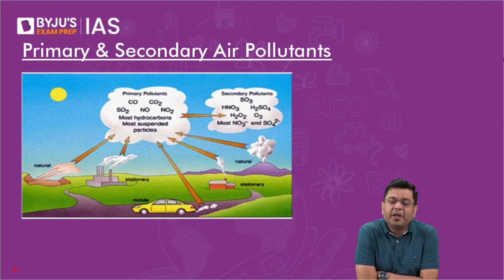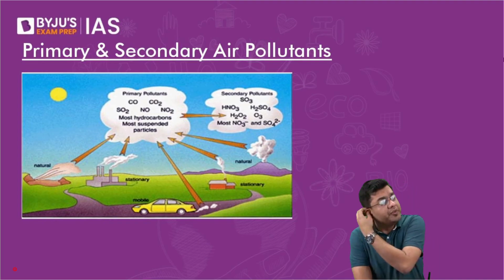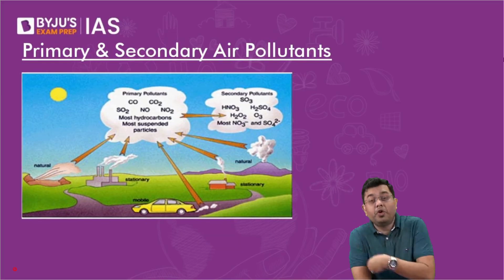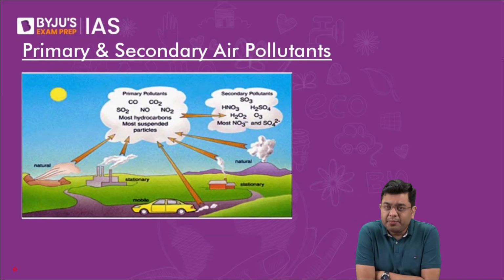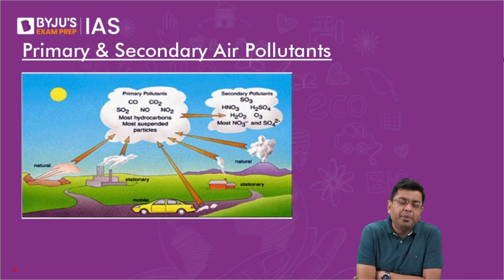Now, what are we going to do today? Today, we are going to cover some of the very important topics with respect to your examination. We will start slow and steady from the concept of primary and secondary pollutants. Then we will talk about pollutants near the ground surface, for example, the ground level ozone.